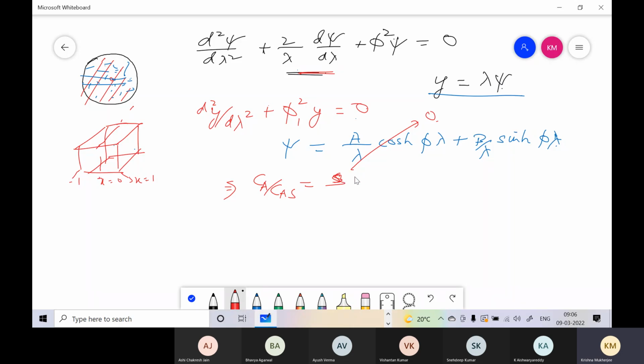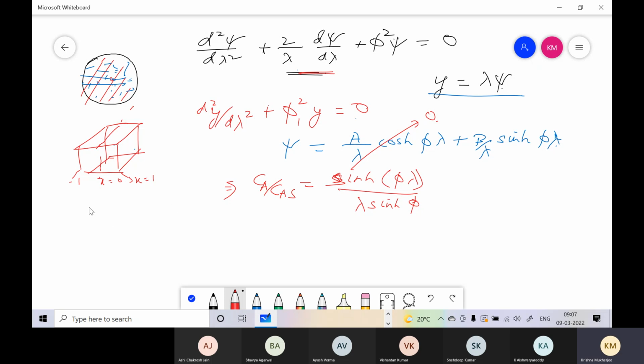CA by CAS is equal to sinh phi lambda upon lambda sinh phi. This is what we got, right? With the boundary conditions and the substitution, finding B and getting A equal to 0. B was 1 upon sinh phi. All of you remember this?